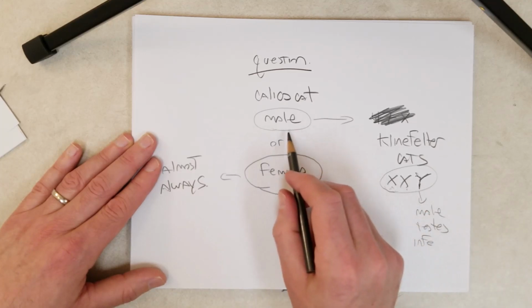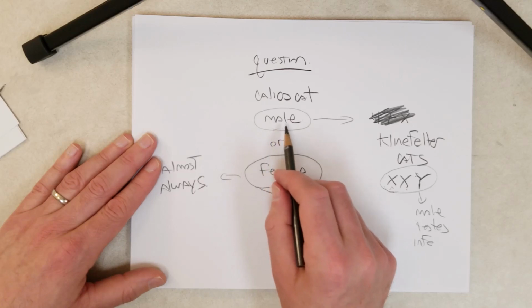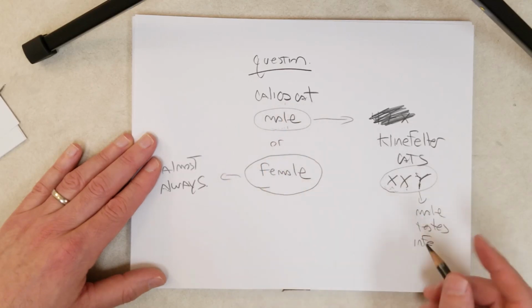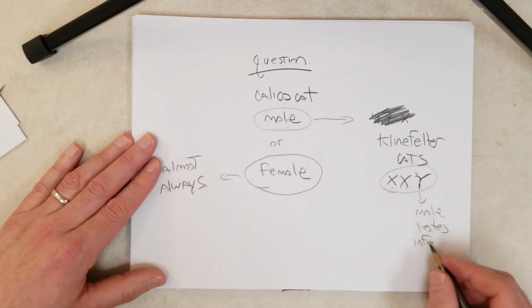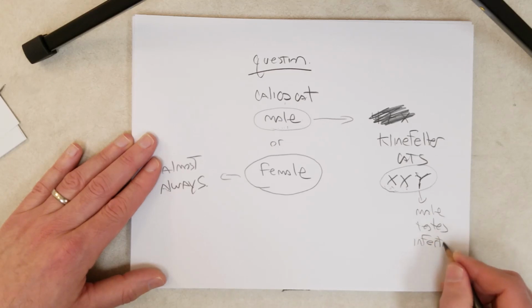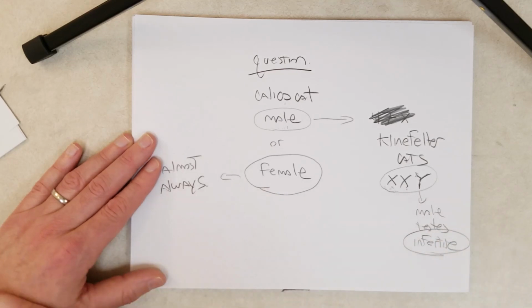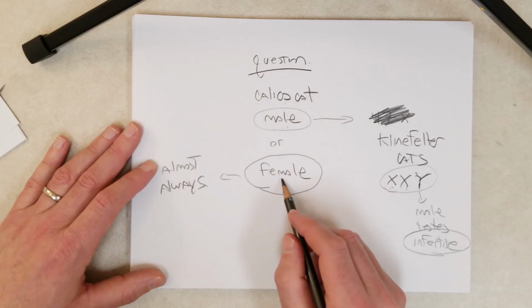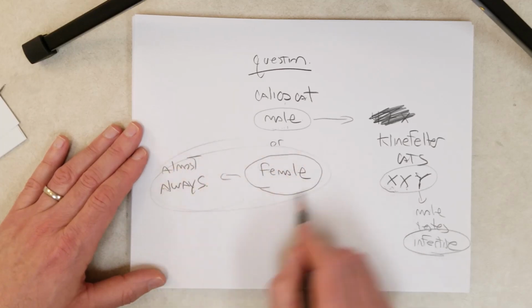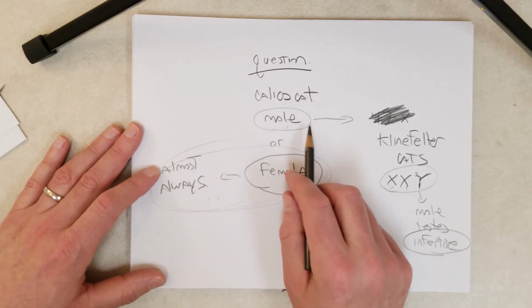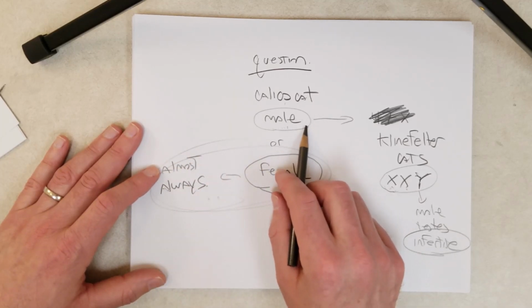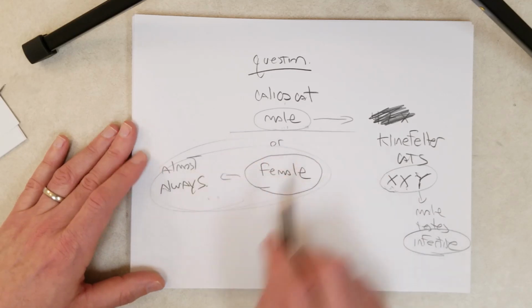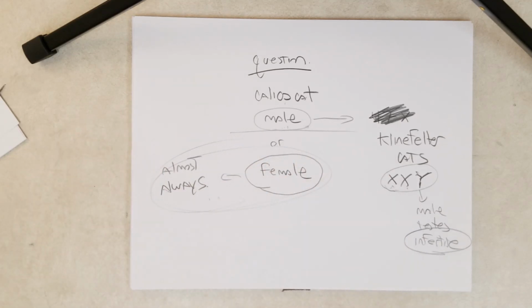So Klinefelter male calico cats, or tortoiseshell, are infertile. So again, you see a calico cat or a tortoiseshell cat, almost always female, and very rarely you can have a male cat that is calico or tortoiseshell. That's very rare. Okay, so that's it for dosage.